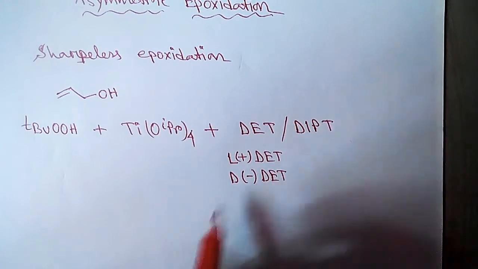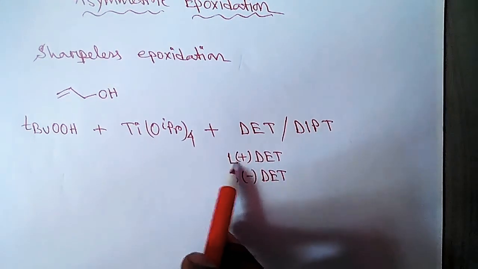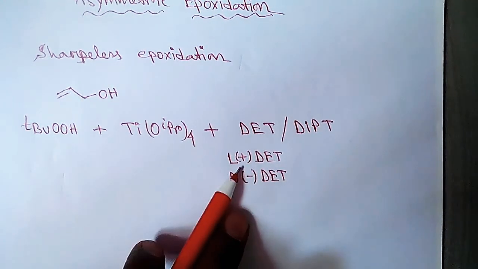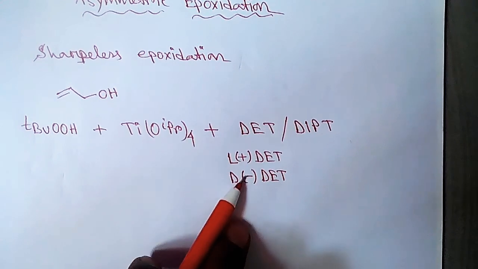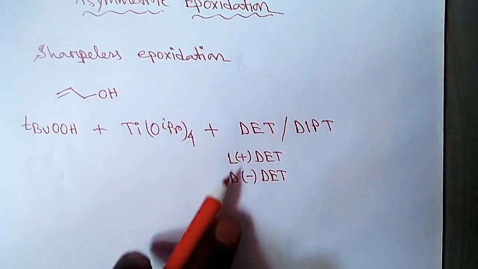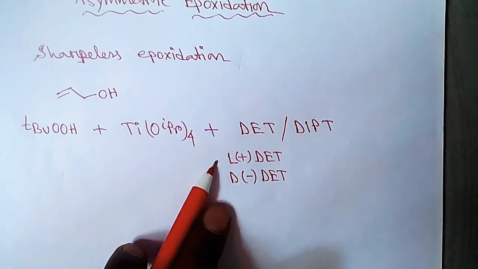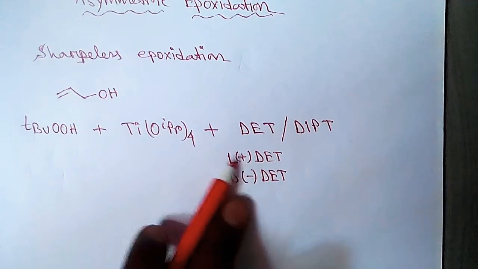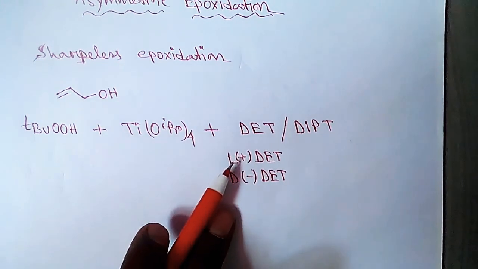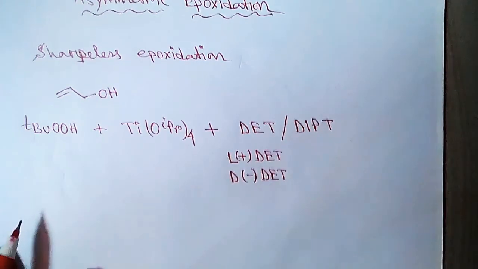You have to remember these two. Sometimes only plus DET or minus DET is given in the exam question, or sometimes only D-DET or L-DET, so you have to remember both conformations and both notations.